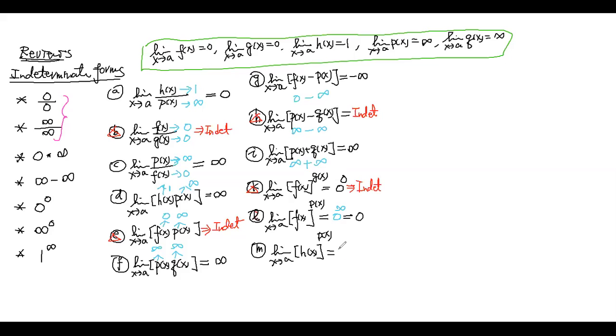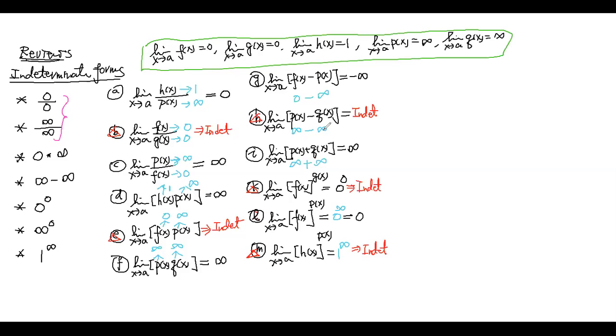So it's 1. Then p(x) is infinity, right? So what is here? Oh, I have 1 to the infinity. So what is here is indeterminate. So we might need to use L'Hopital's rule to help us here, right? So that's what is indeterminate.